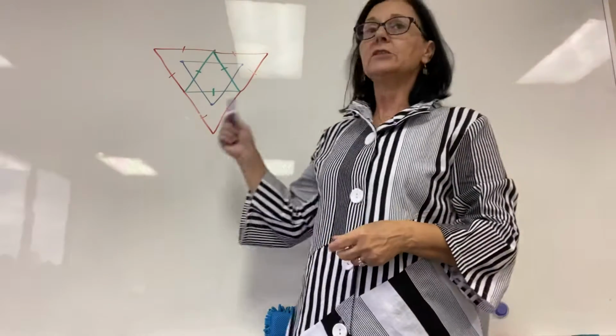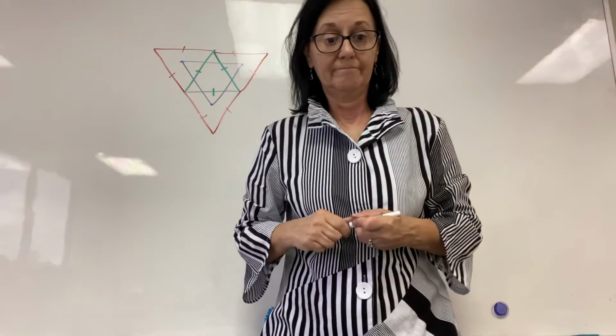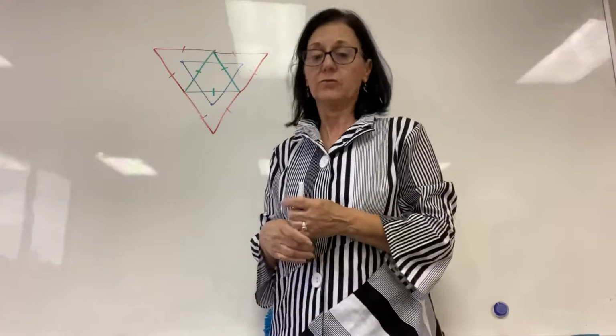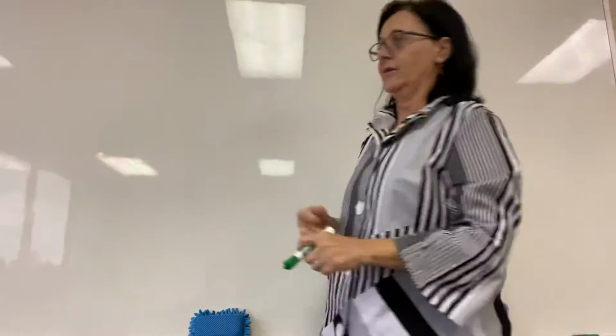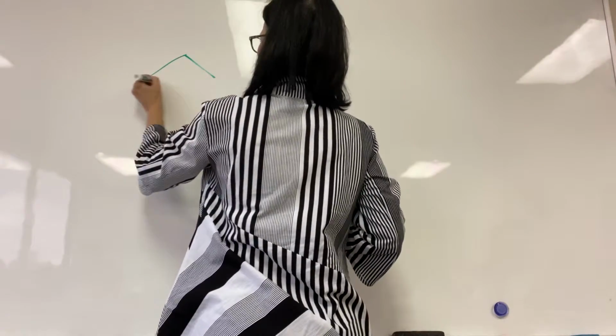So Napoleon started with an equilateral triangle. Well, then others came and said, what if the original triangle is not an equilateral triangle? What if the original triangle is any triangle, right? That's maybe not equilateral.